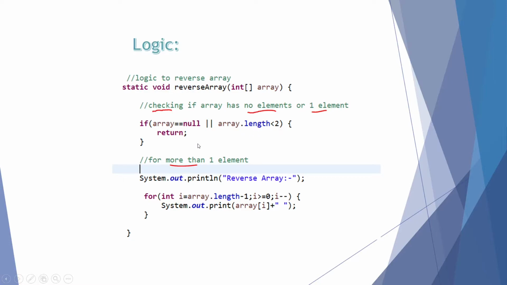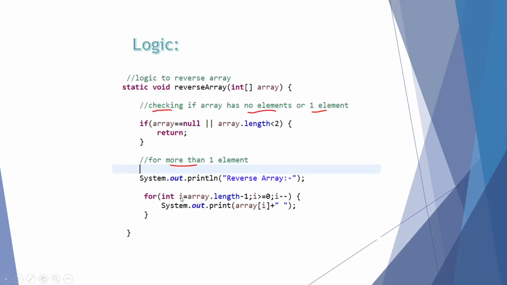No need for any kind of iteration. Second, if it has more than one element, we need to apply this technique: for int i equal to array.length minus 1 till the 0th index, and we are decrementing the i pointer.